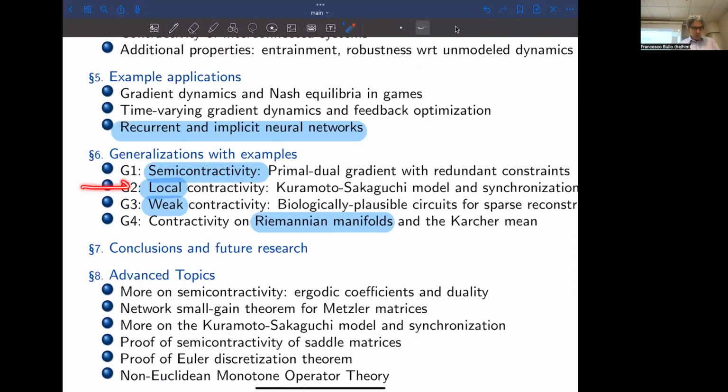We talked a little bit about local contractivity, and we've seen that if the set where the system is contracting is convex, it may have no equilibrium, or it may have one equilibrium. I did not quite show you an example, but it can certainly happen. Please believe me that even if you're contracting on this region, by the way, remember, the contractivity is a property of the log norm of the Jacobian.